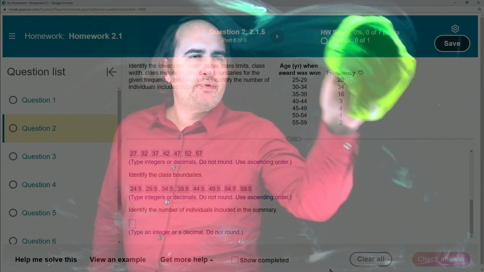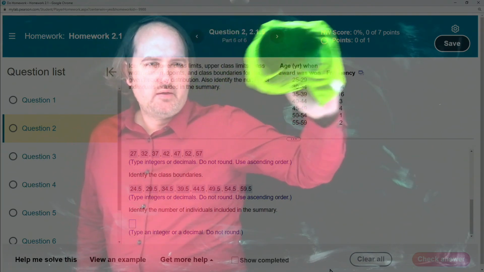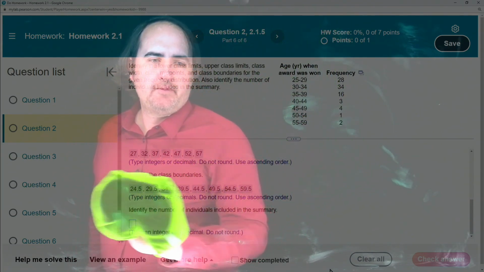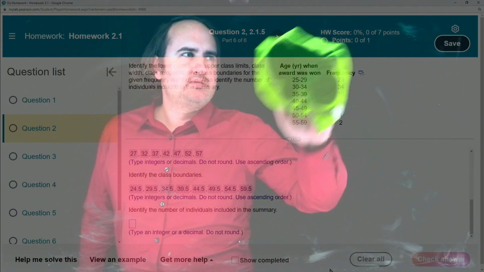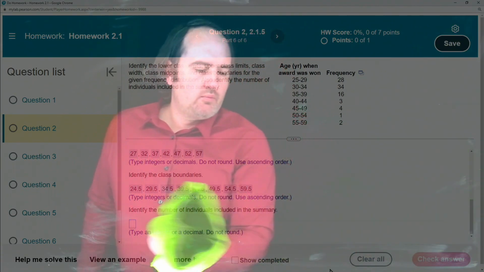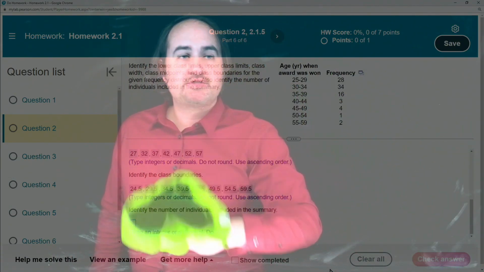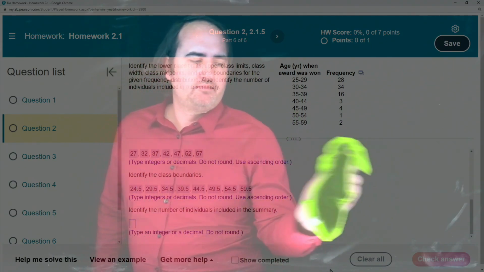Well, remember when we were doing the relative frequency and we had to divide by the sum of all frequencies? Remember, sum means you add up all the frequencies? Well, the sum of all frequencies is the same as the number of data values.